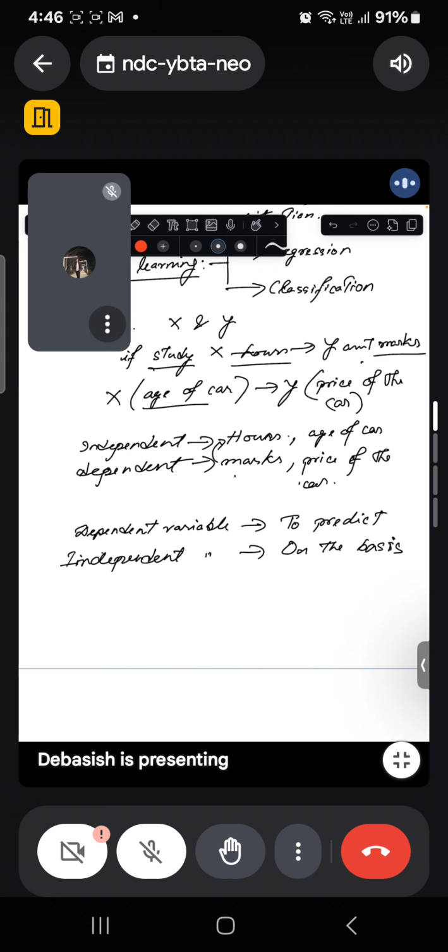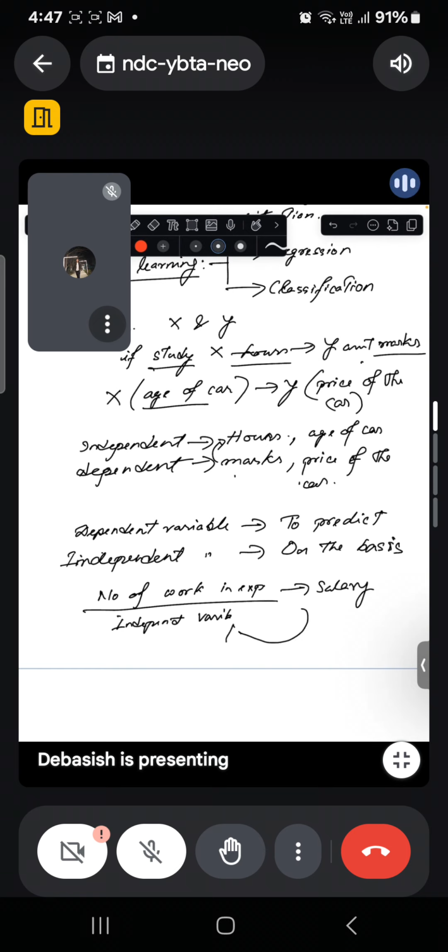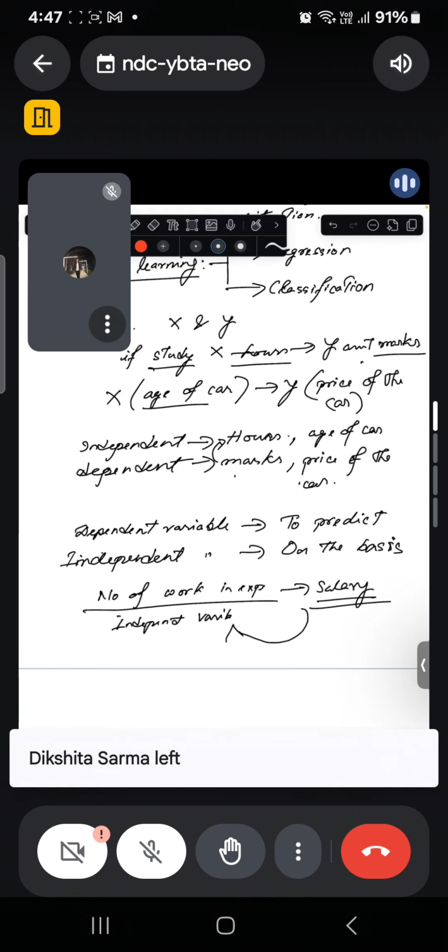So the number of years of experience is the independent variable, but the salary you will get depends upon it, so salary is the dependent variable.